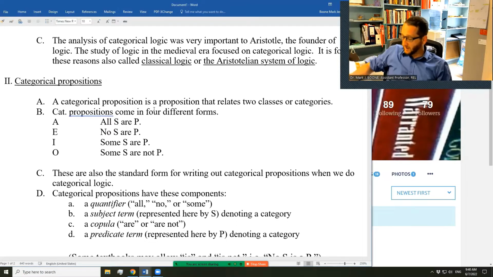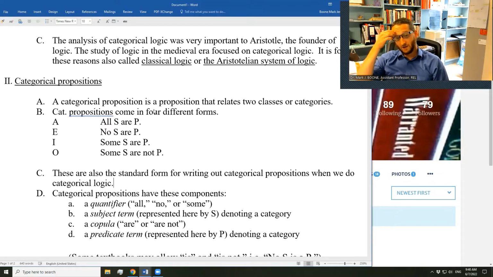They're either affirming something or denying something of the first term in any categorical proposition, and they're either affirming or denying something about all or merely about some members of the category denoted by the first term. So a categorical proposition is either universal or particular, and it's either affirmative or negative. So it's either universal affirmative or universal negative, or particular affirmative or particular negative. And universal affirmative is A, universal negative is E, particular affirmative is I, particular negative is O.